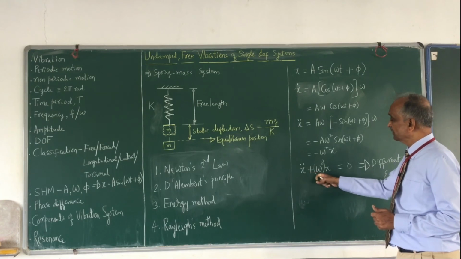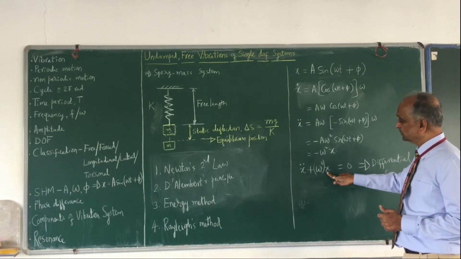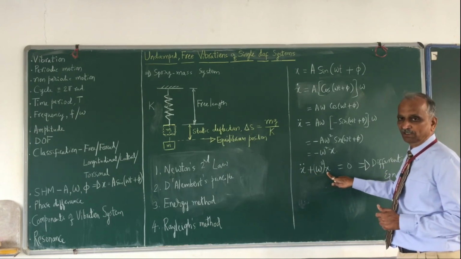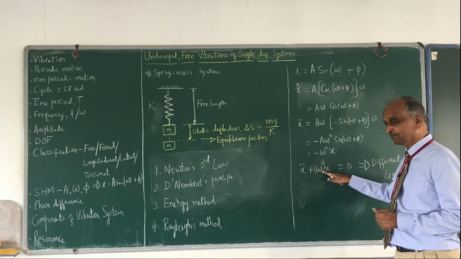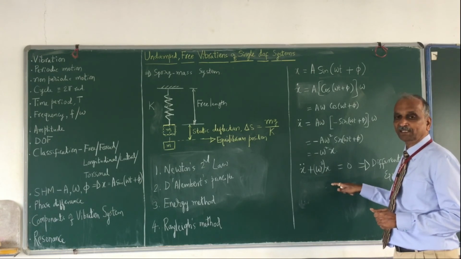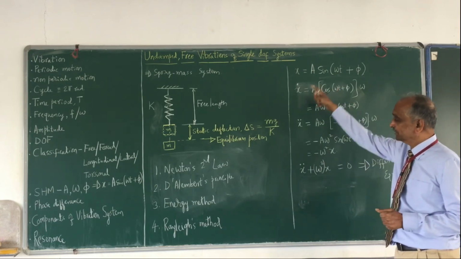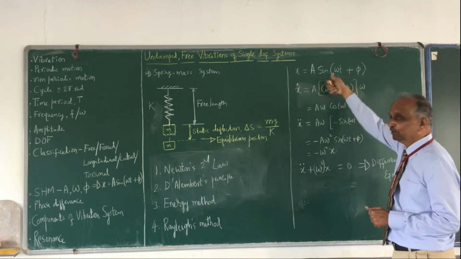What is the solution of this? The solution of this is a simple harmonic motion. What is the frequency of that? The square root of this omega square, that is nothing but omega, that is the frequency. Please do not forget this; every time I am not going to do this.